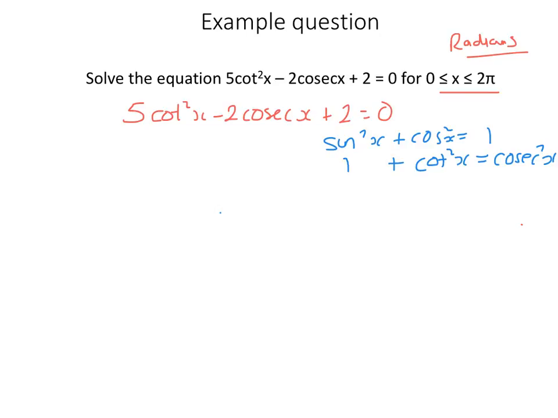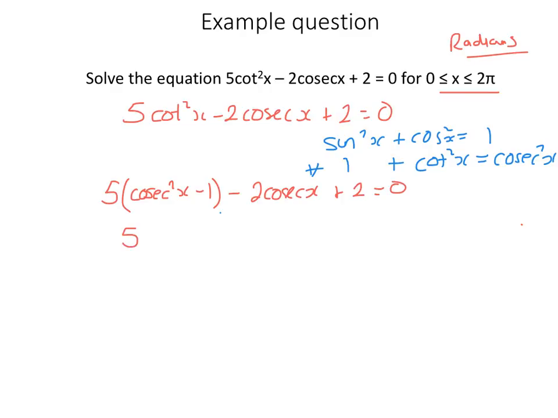Okay, so rearranging this identity here, I could therefore write, okay, well, cot squared x is going to be cosec squared x minus 1. Then I've got my minus 2 cosec x plus 2 equals 0. And I can see I'm going to end up with some sort of quadratic to solve.